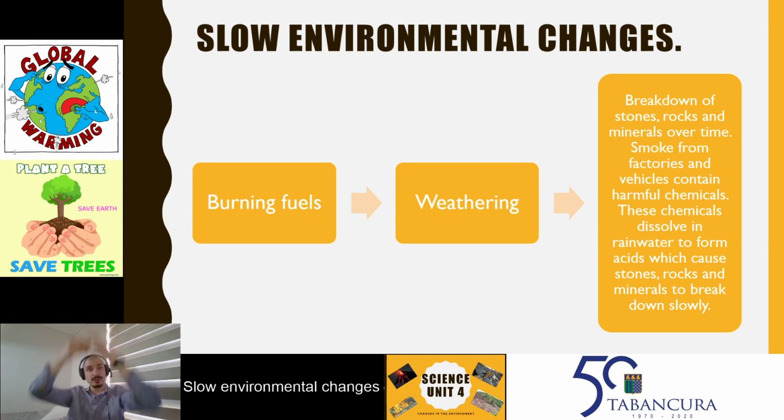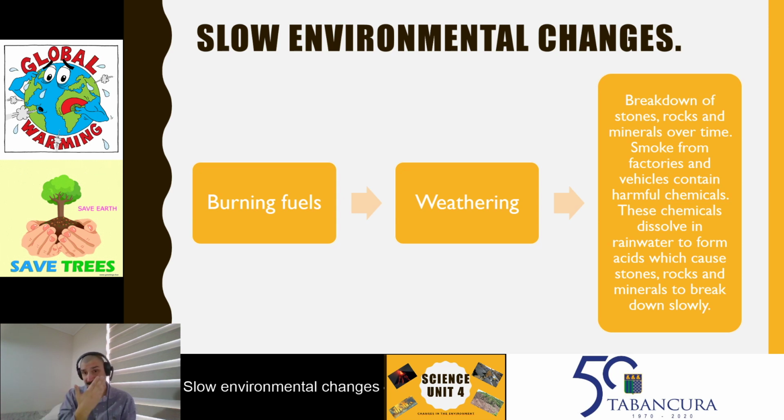And when the water comes down in the form of rain, it is what we call acid rain. The acid in the water is very harmful to the trees, to the soil, but especially to stones, rocks, and minerals, okay?